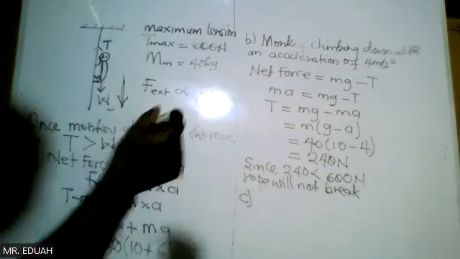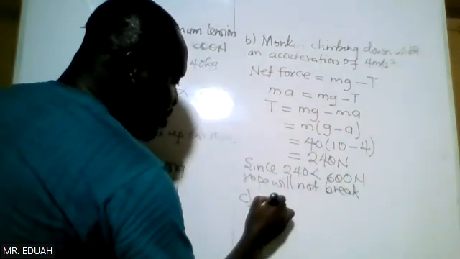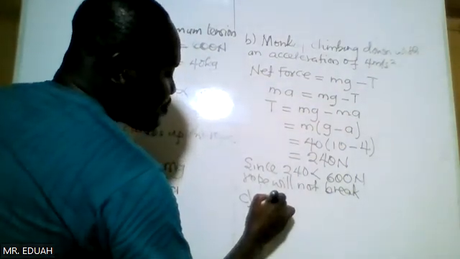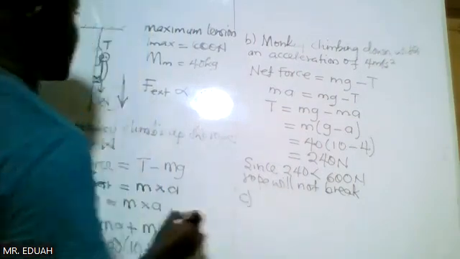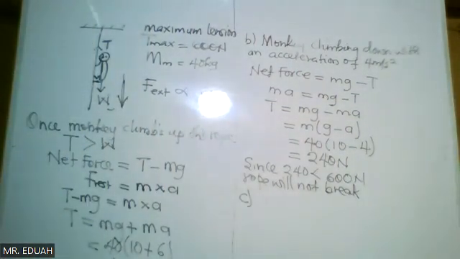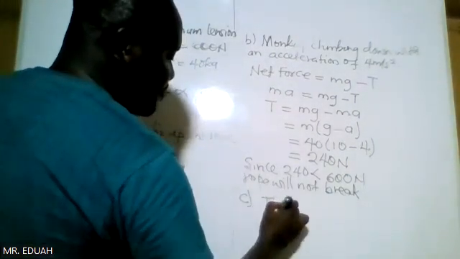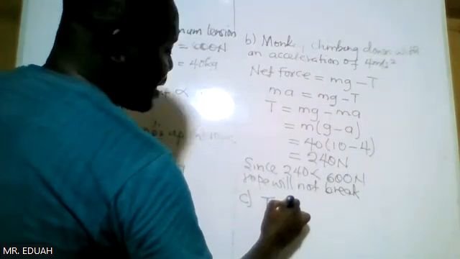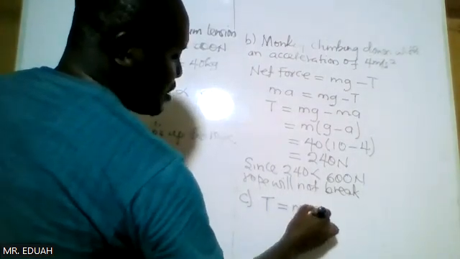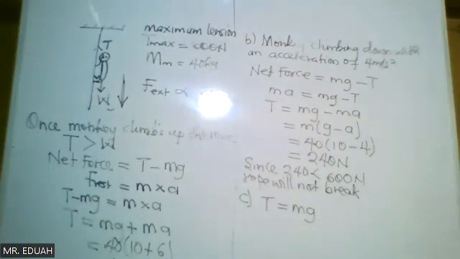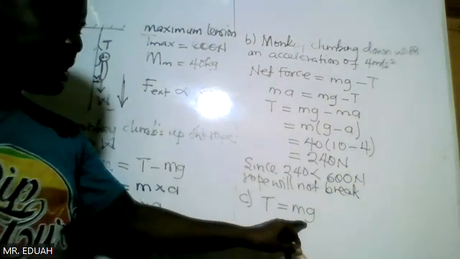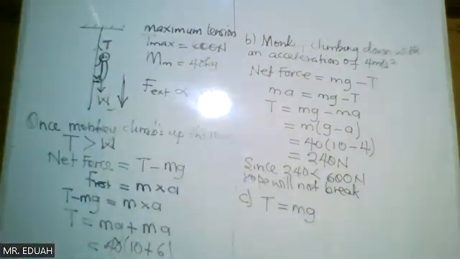So over here, what is the direction? Consider moving up. So over here, T must be equal to mg, dynamic equilibrium, or T minus mg must be equal to 0.